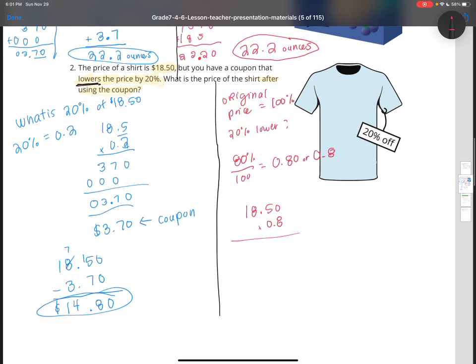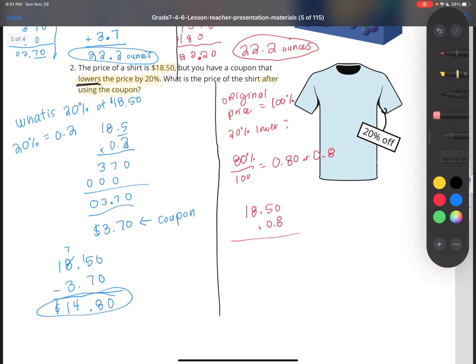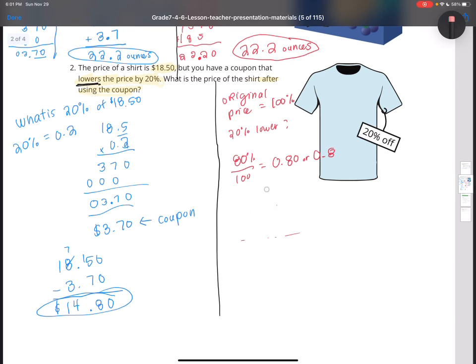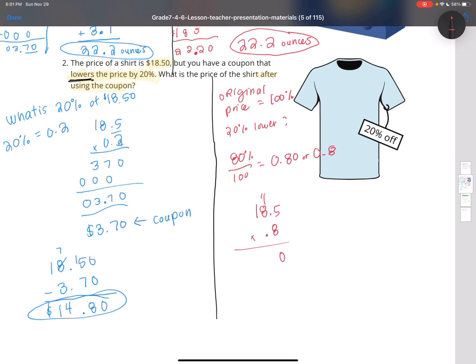I'm going to get 8 times 0, which, to be honest with you, I'm going to rewrite because we really don't need that extra 0 at the end, and we don't need the extra 0 in front. Those are just placeholders. There we go. That looks better. So this is 40. Carry the 4. All right, that's 64 plus 4. Carry the 6. It's going to be 14.